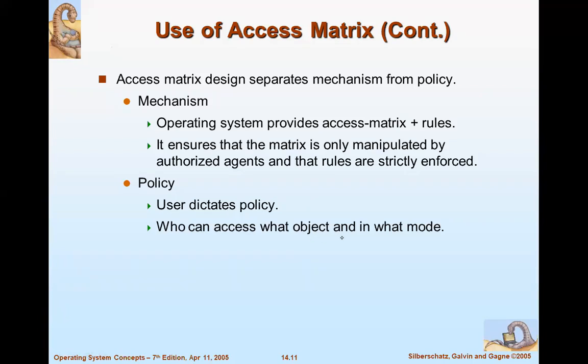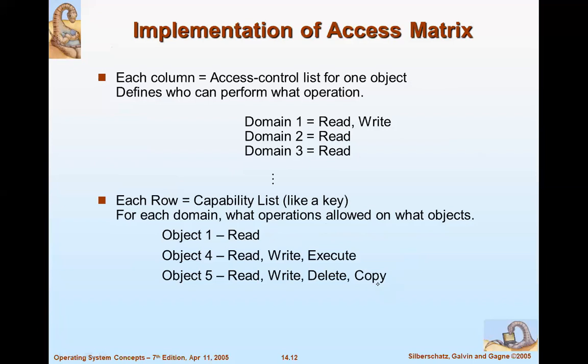Who can access what object and in what mode? Look at this. These modes are either the reading mode, the writing mode, or the execution mode. So here you can see in this implementation that each column will represent the access control list for one object and define who can perform what operation. As discussed earlier, in domain 1, you can perform read and write operations. In domain 2, you can perform the read operation.